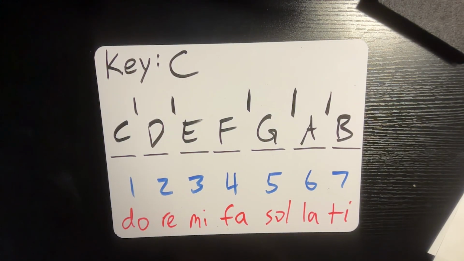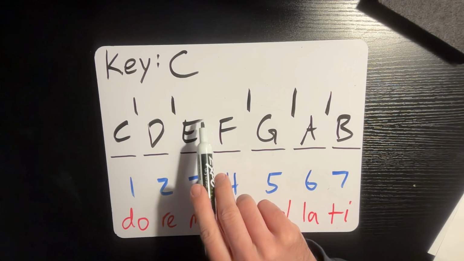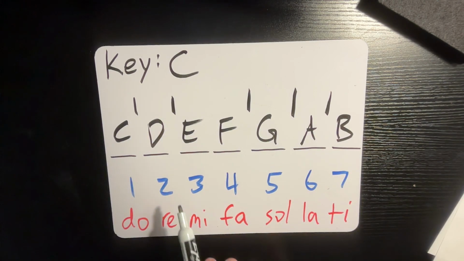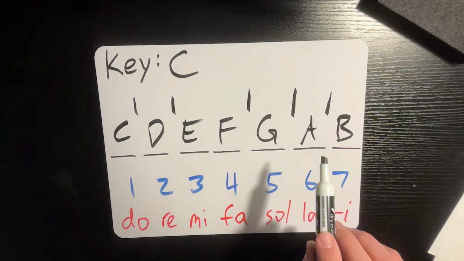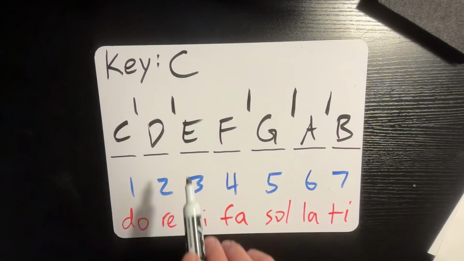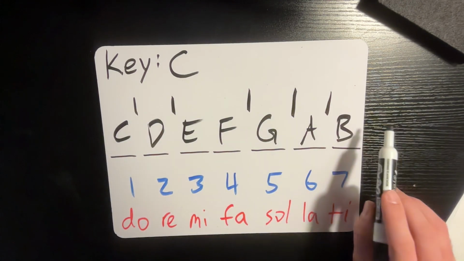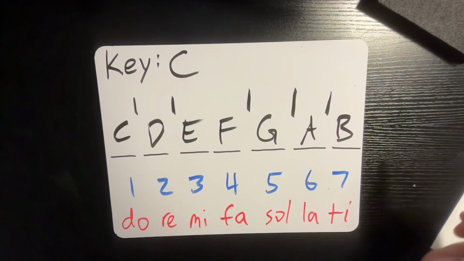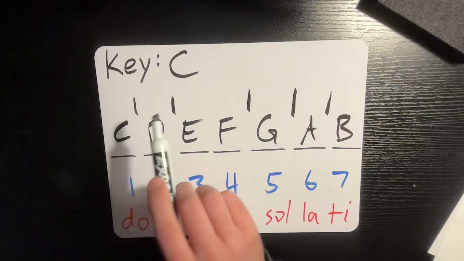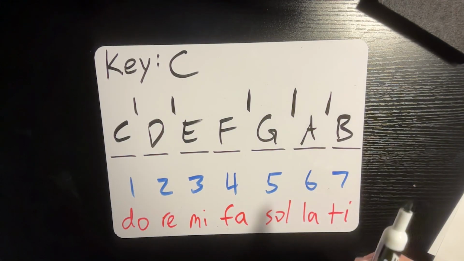So there is no black note, no sharps or flats, between E and F and B and C. Of course, after B, the circle of the musical alphabet goes around and around. After B comes C again. There's no black note between those. So everywhere where there's a black key between 2 white keys, that is a whole step.